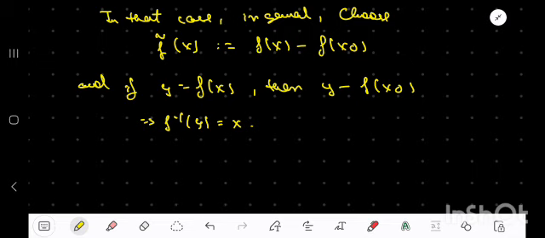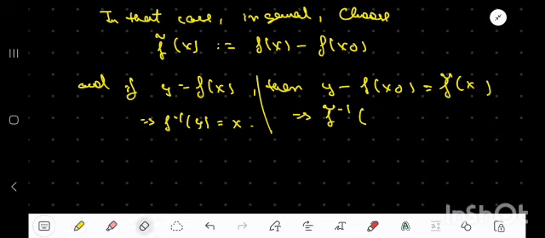Then y minus f of x naught is f tilde of x.